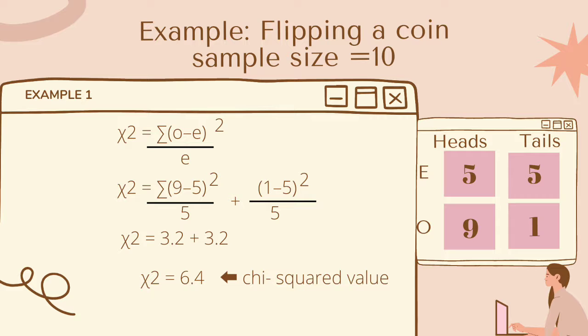So we divide the numerator 16 by the denominator 5, and what we get is that 3.2. So 3.2 plus 3.2 is equal to 6.4. So this is our chi-squared value.